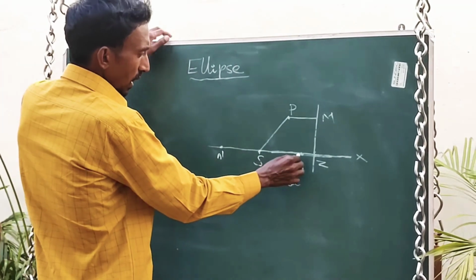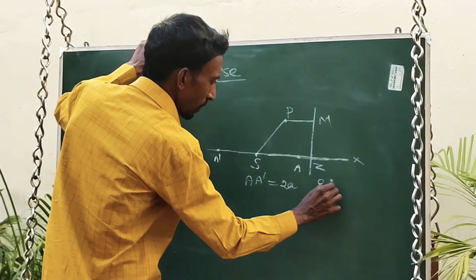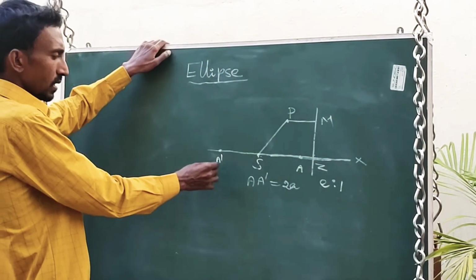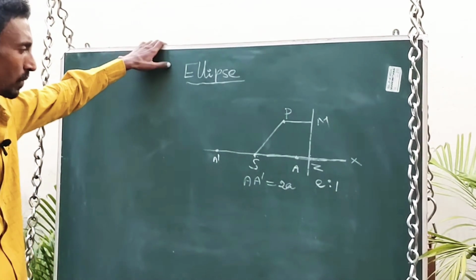Assume that A divides SZ internally in the ratio e is to 1. Similarly, A dash divides it externally in the ratio e is to 1. That is the basic assumption.